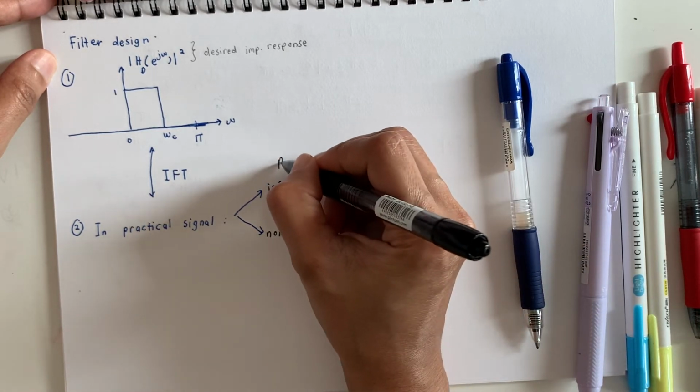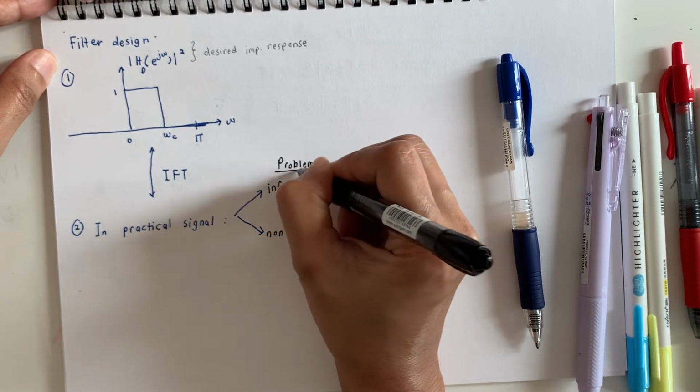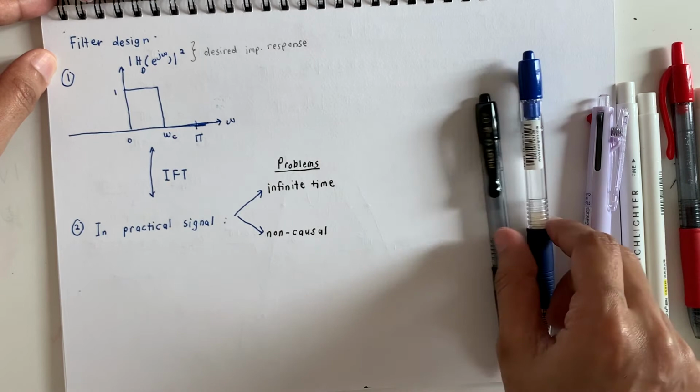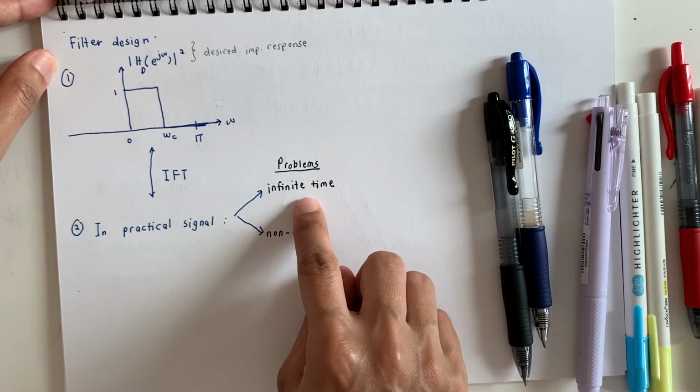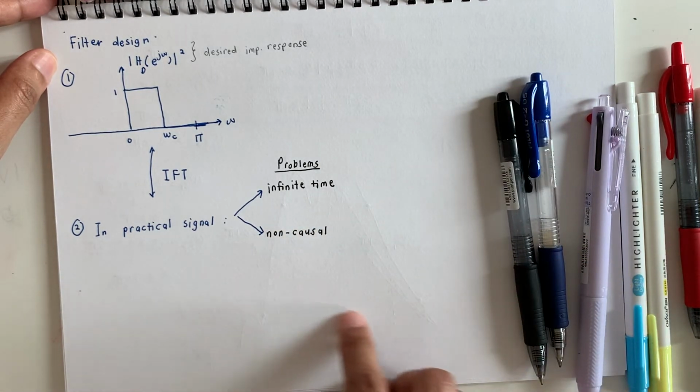Here are the practical signal problems. For us to design the filter, we need to solve these problems. So how to solve the problems? I'm going to show you here.